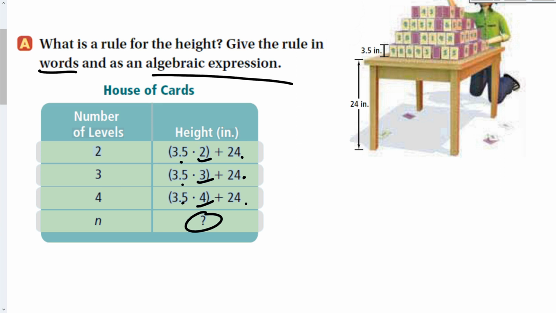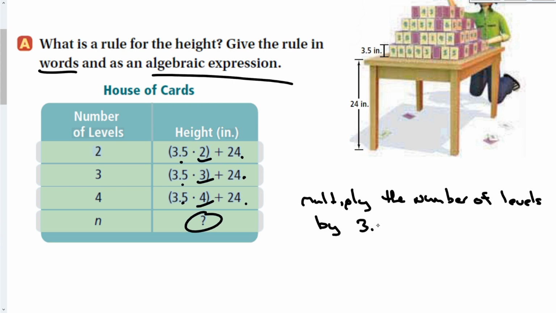Okay, so words, when we describe what we're doing, we're going to multiply the number of levels by 3.5 and add 24. So that's a little description of what we're doing with words.